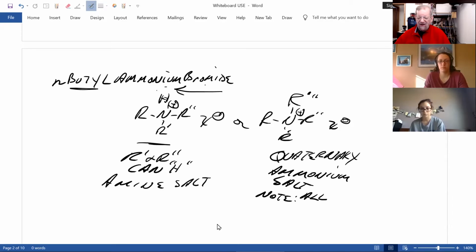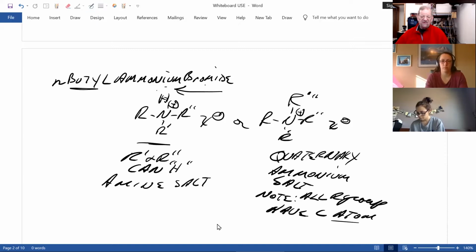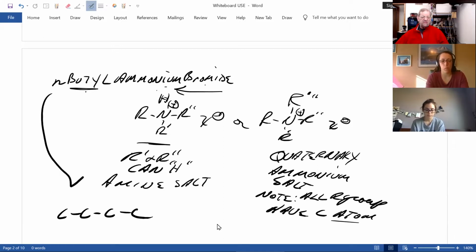And again, all R groups have carbon atoms. In other words, they're alkyl groups. So in this case, there's only one alkyl group. It's an amine salt. So I have N-butyl, 4 carbons. Then nitrogen.